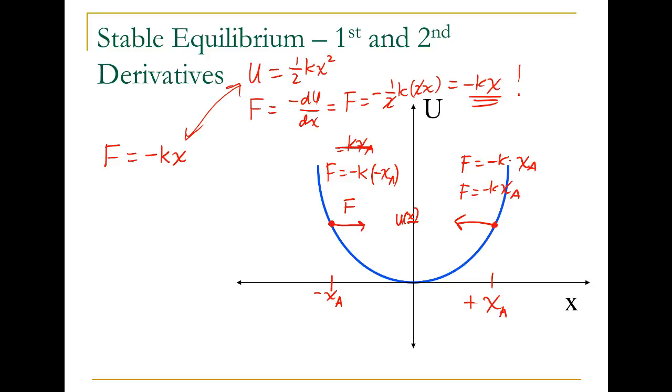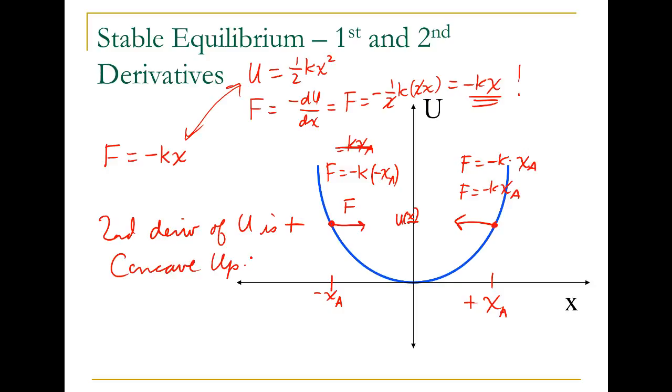So the other thing to notice about this is that the second derivative is something very important to look at, okay? So the second derivative of this graph is going to be positive, which means that this graph is going to be concave up.